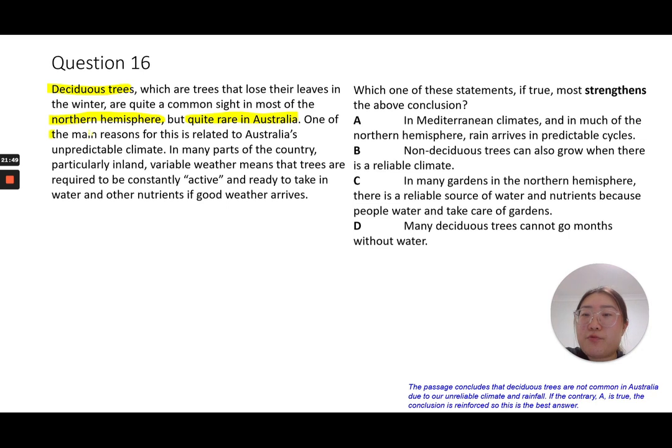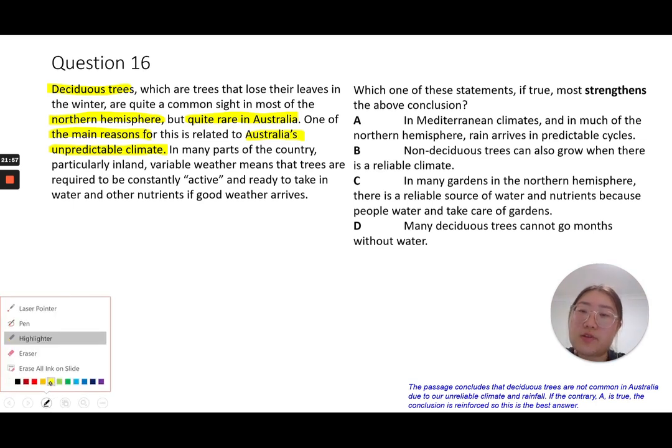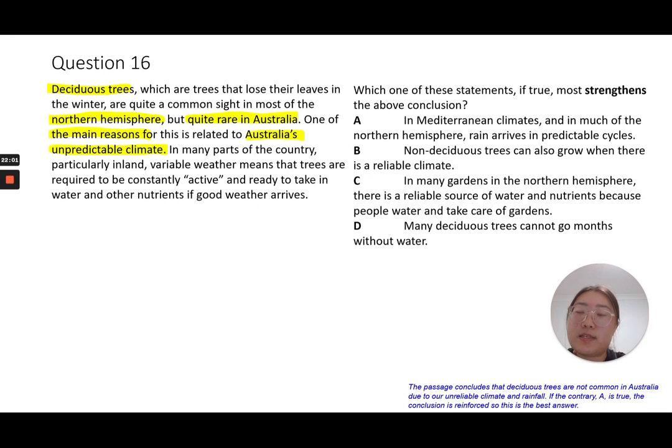And one of the main reasons for this is related to Australia's unpredictable climate, and they go on to explain what is unpredictable about Australia's climate. So that's kind of the main point as to this paragraph, telling us about why deciduous trees don't grow that well or quite rare in Australia. So what would strengthen this conclusion? The answer is A, okay?